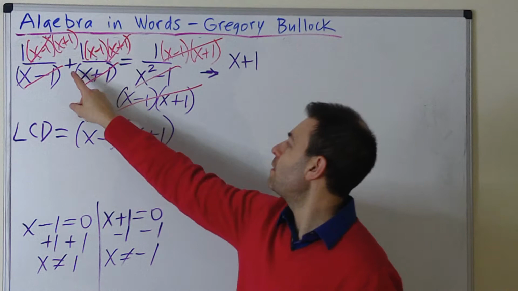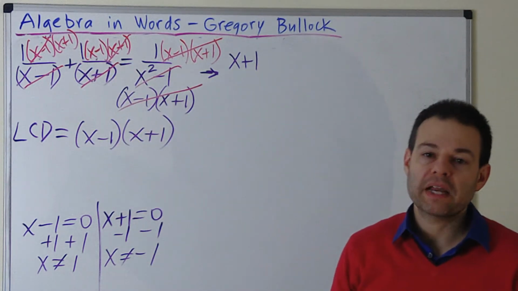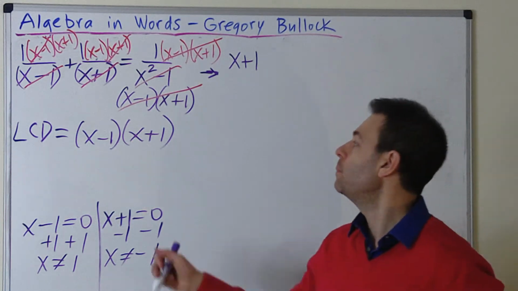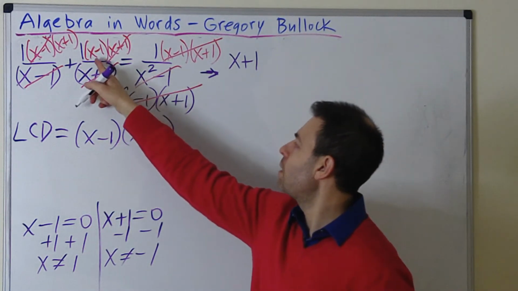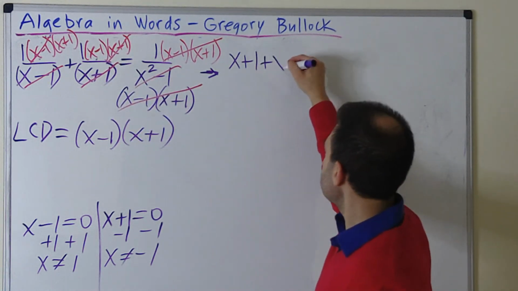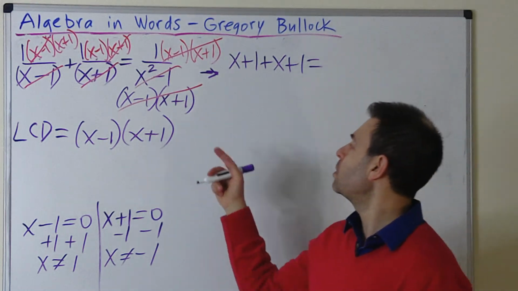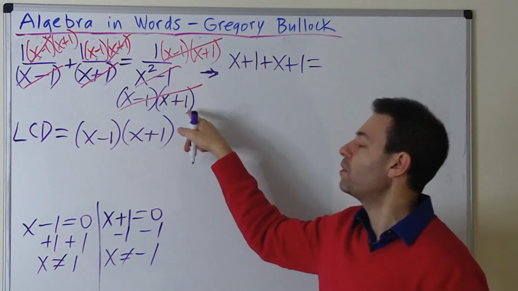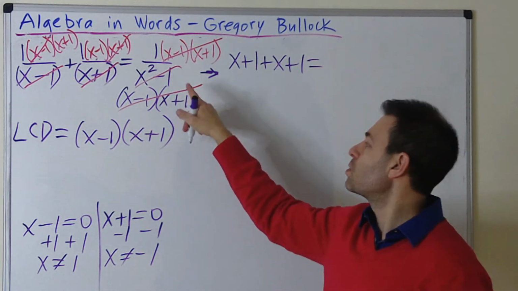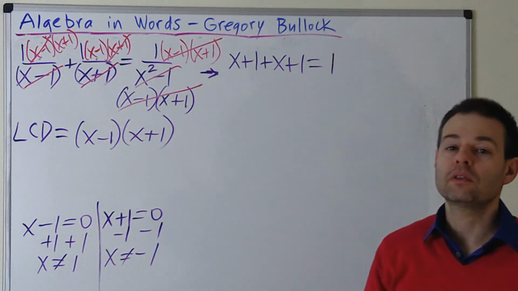And next we have plus 1 times the quantity x minus 1. X minus 1 times positive 1, make sure you keep the sign with the 1, is again itself, x minus 1, plus x minus 1. Then equals, and then when we come over here, even though all of these factors of the LCD cancel with all the factors in the denominator, we're still left with 1, and don't forget to write the 1. So we're left with 1.